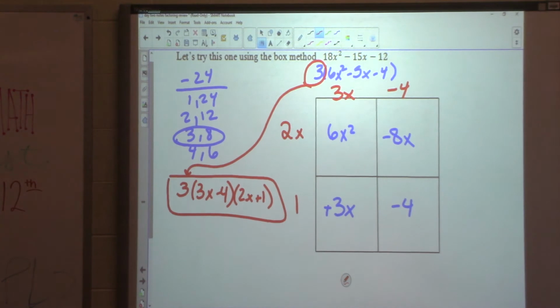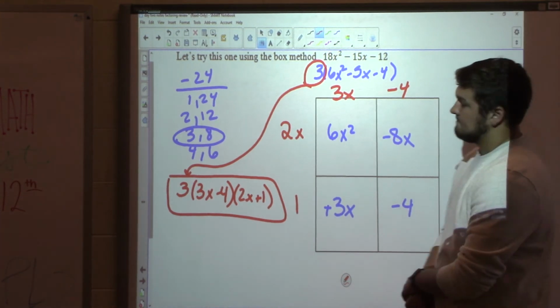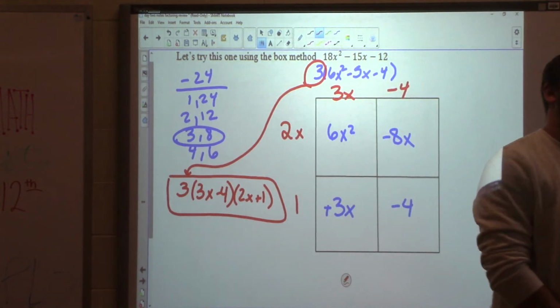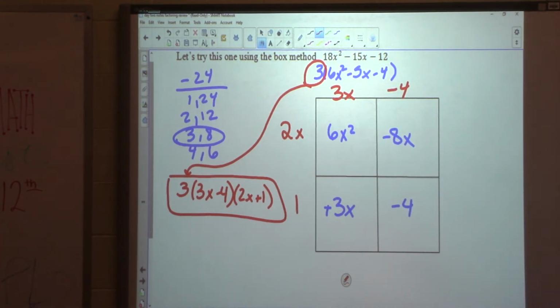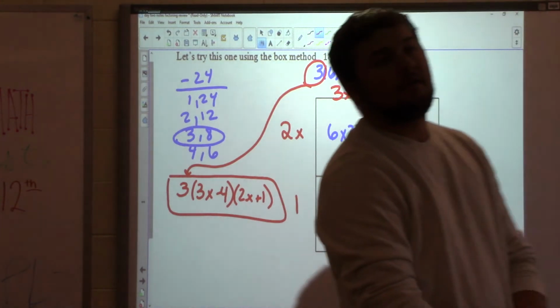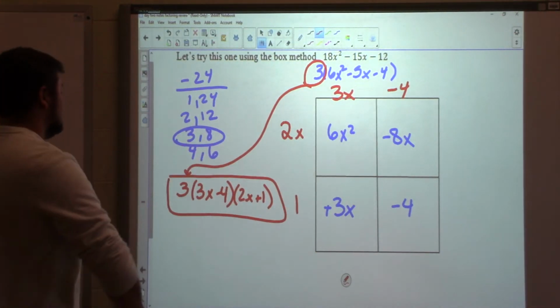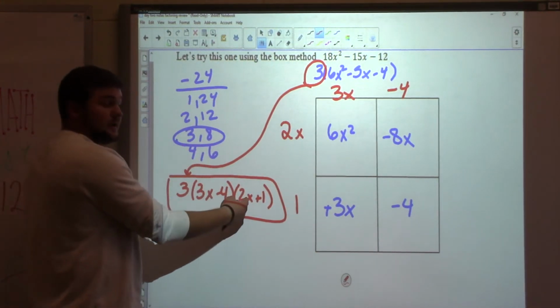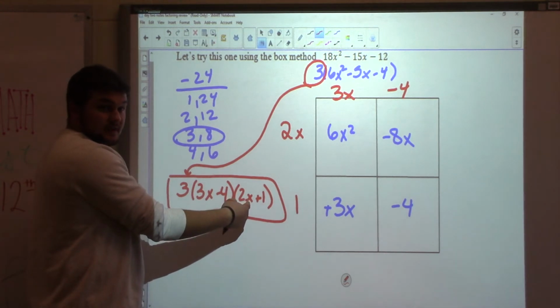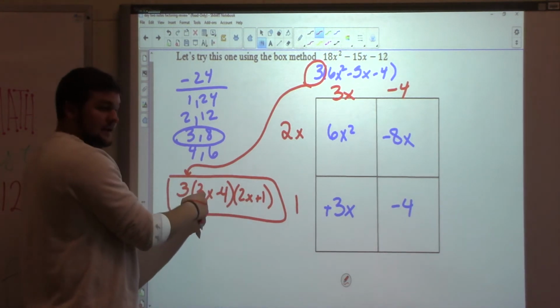Wait, so when you factor it, are you only applying the 3 to the first parentheses? Technically, yes, and then you could FOIL them. It would not be different, because 9x times 2x is 18x squared, right? If I distribute 3, I get 9x.